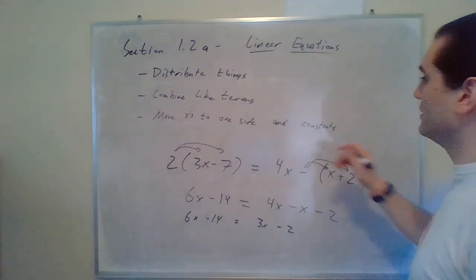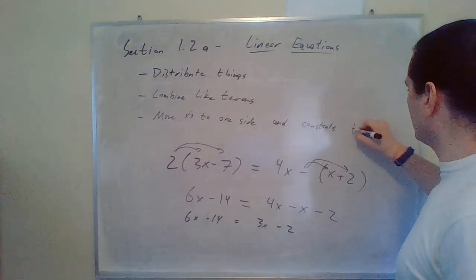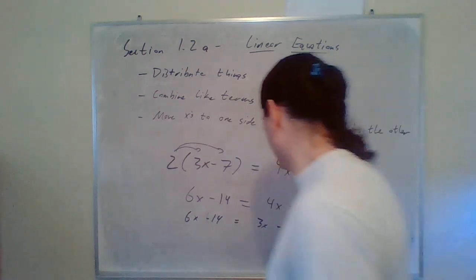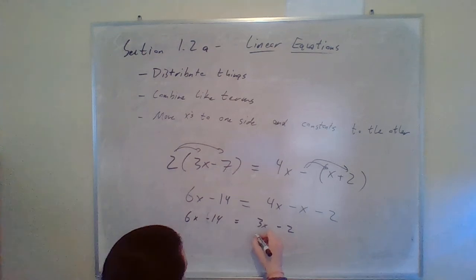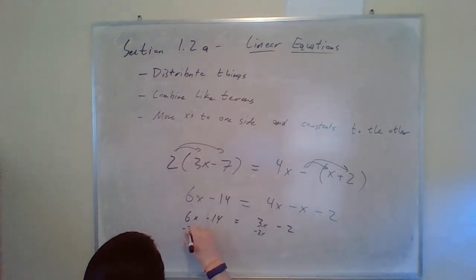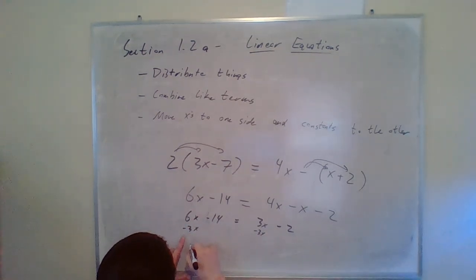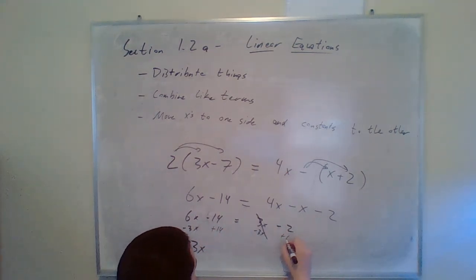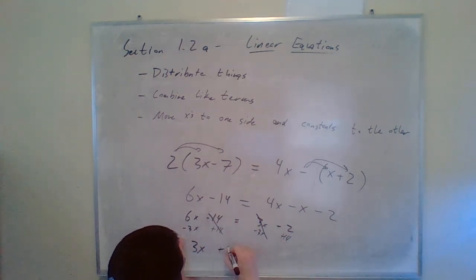It stays the same. So I'll subtract the 3x from both sides, so that this side cancels and this is just 3x. And I'll add 14 to both sides here, so that this cancels and that's just equals a positive 12.